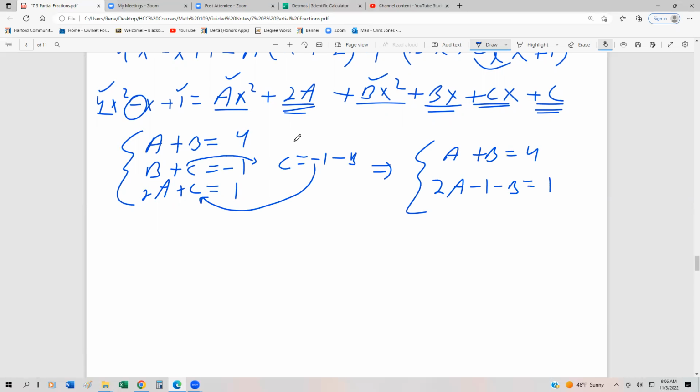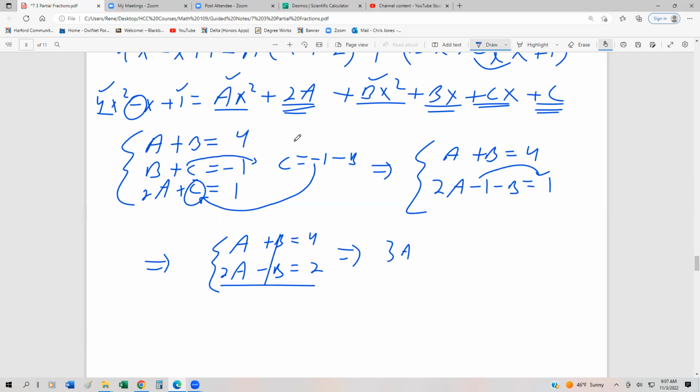So notice what we did there, folks: we just substituted back in for C. If I add 1 to both sides, I get a system of A plus B equals 4, 2A minus B equals 2. B's cancel out. When I add these equations together, I get 3A equals 6. Divide by 3, A is equal to 2.